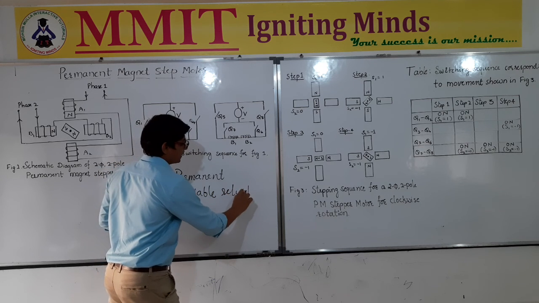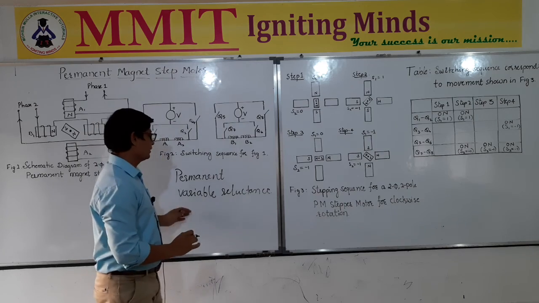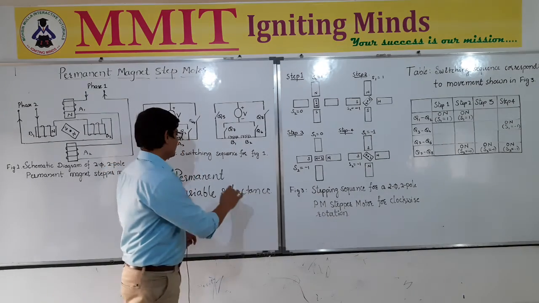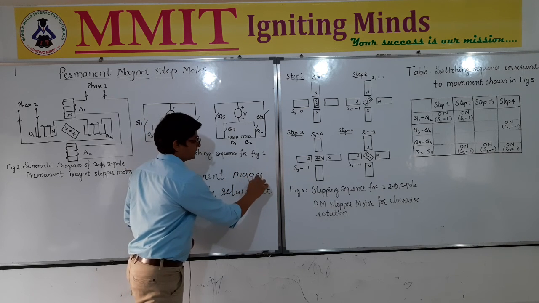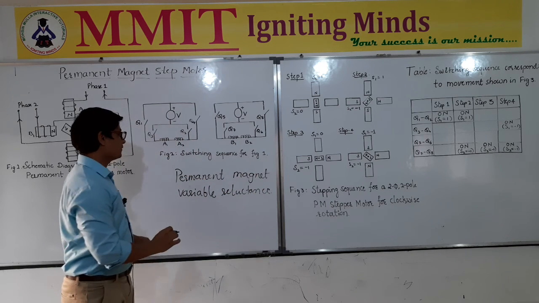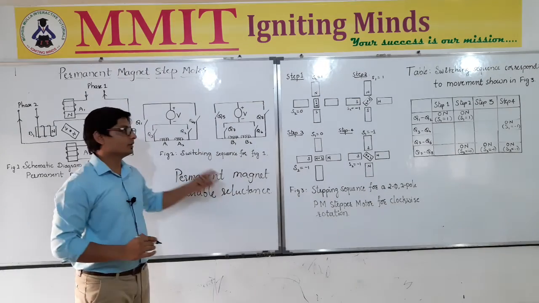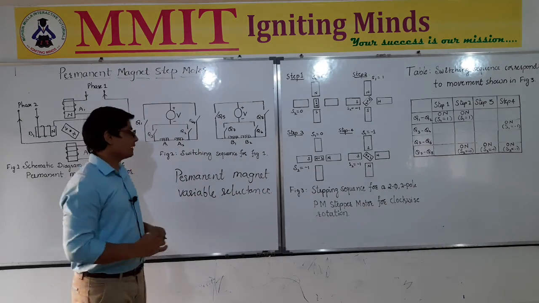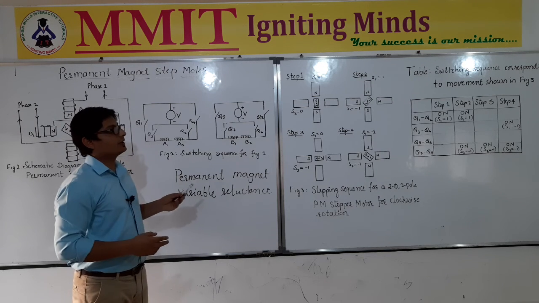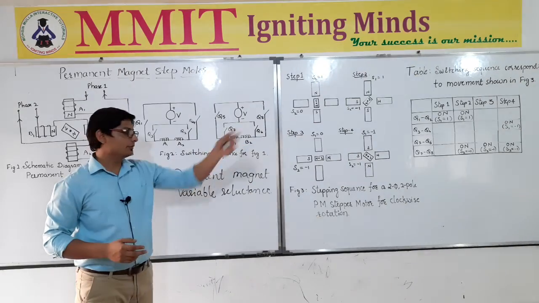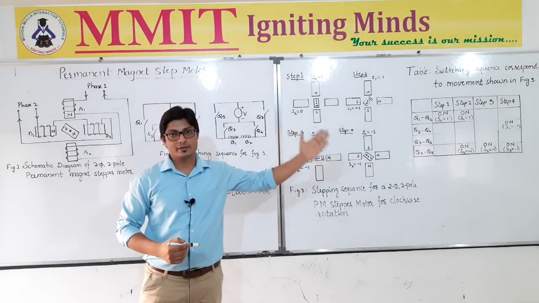Now we are going to consider the permanent magnet type of stepper motor, and see how the operation of this permanent magnet stepper motor works, with the help of different switching diagrams as well as the movement diagram, and finally we are going to obtain a switching table for the operation of the step motor.